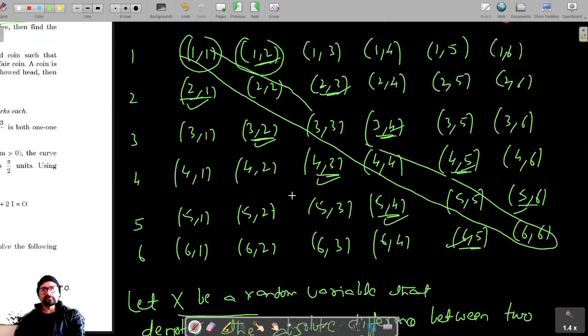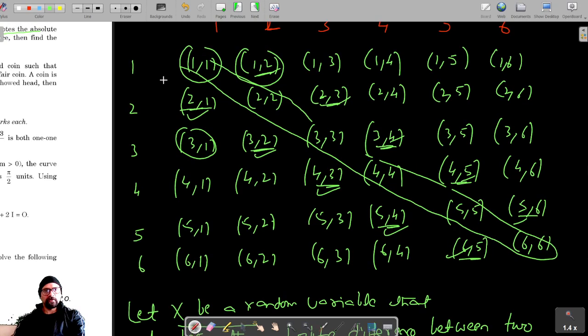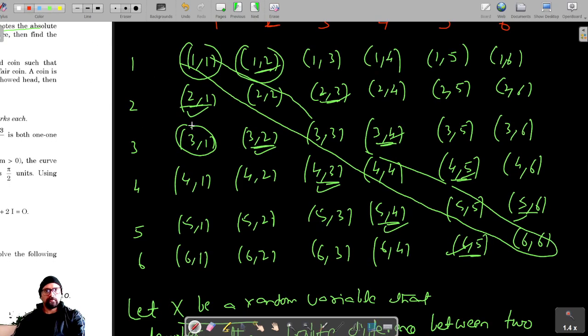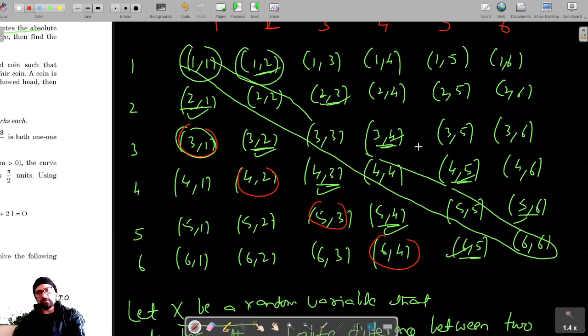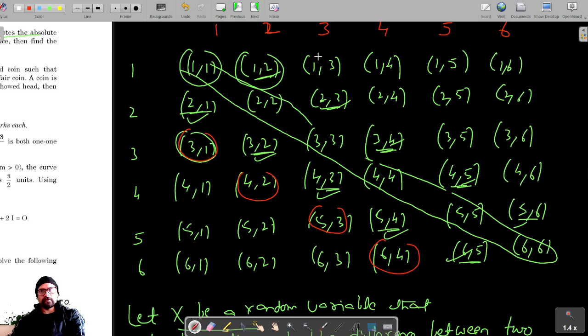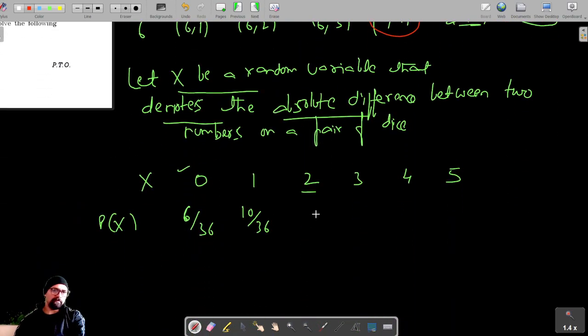Now 2 is the difference on these numbers: 3,1; 4,2; 5,3; 6,4; and also, if we change the order, 1,3; 2,4; 3,5; and 4,6. These are 8 outcomes, so this is 8 by 36.